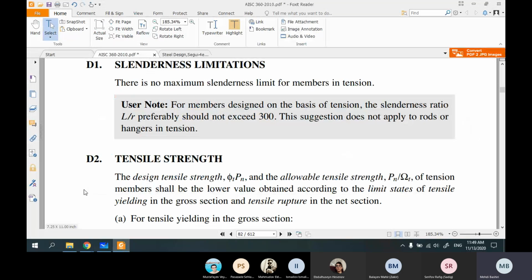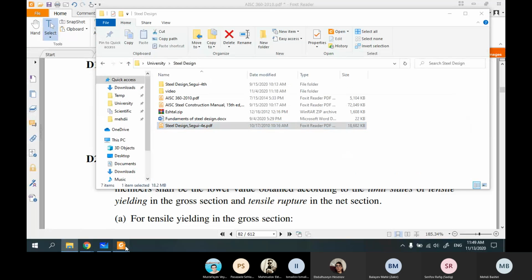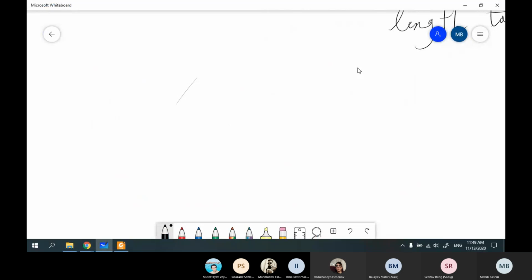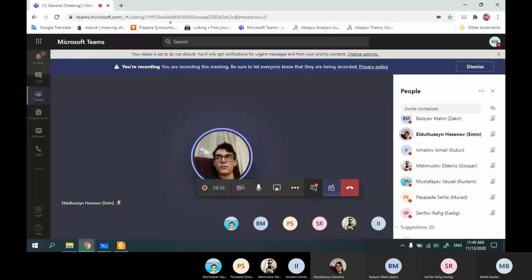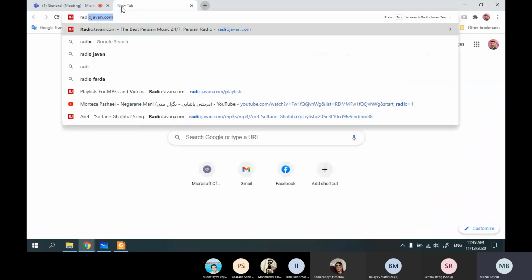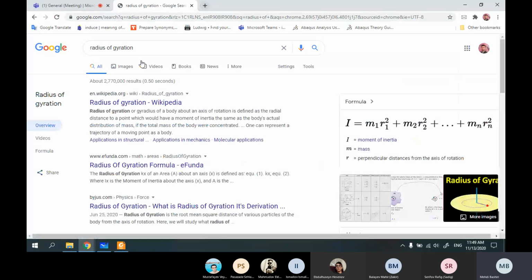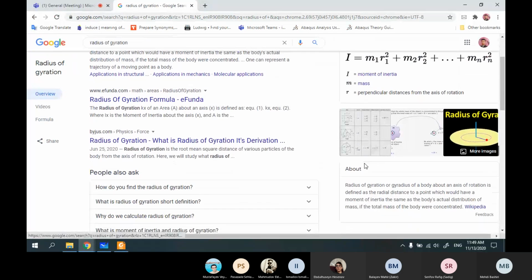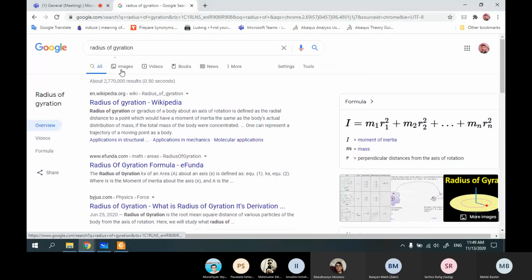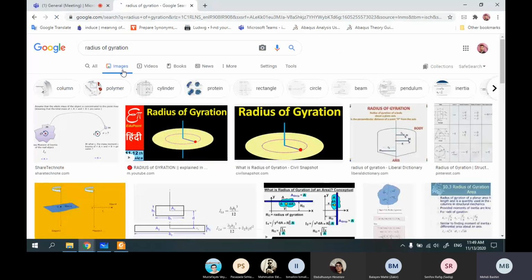The radius of gyration, if I'm not mistaken, is I over A or A over, let me see, I forget. Radius of gyration is, I forget the equation.